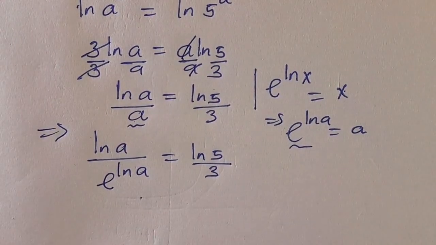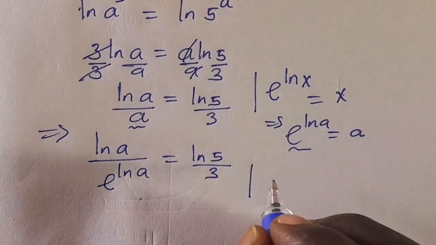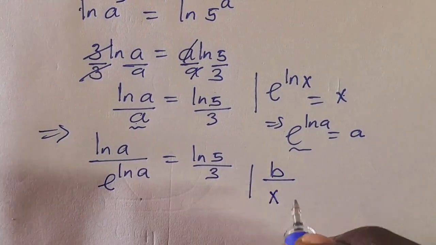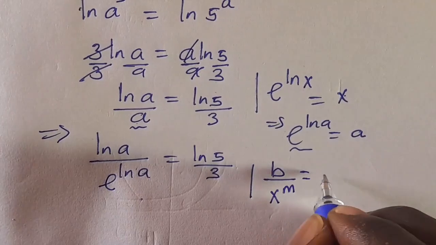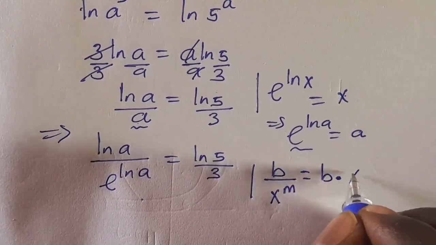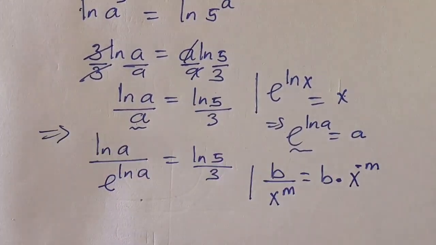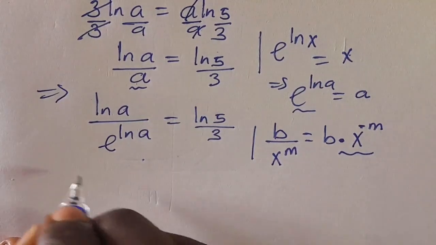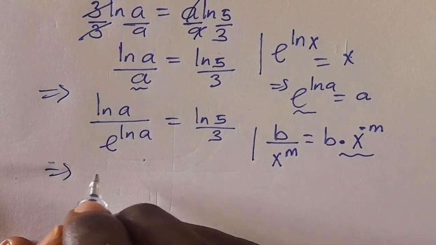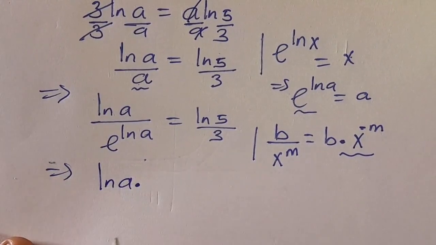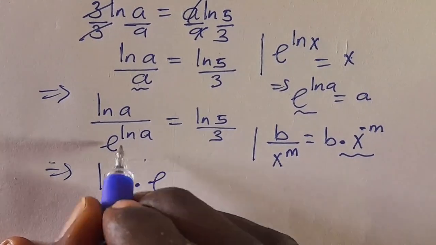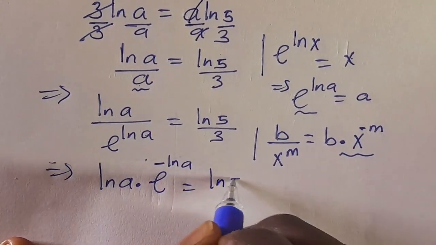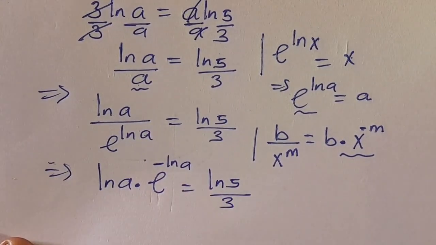Now we got to recall from the laws of exponents, when you have b divided by x to the power of m, this can be written as b multiplied by x to the power of minus m. So by applying this here, we are going to have ln of a times e to the power of minus ln of a equals ln of 5 divided by 3.